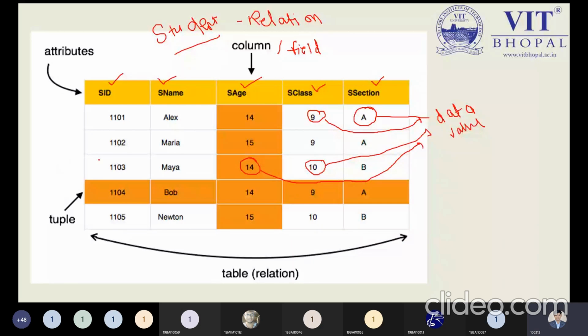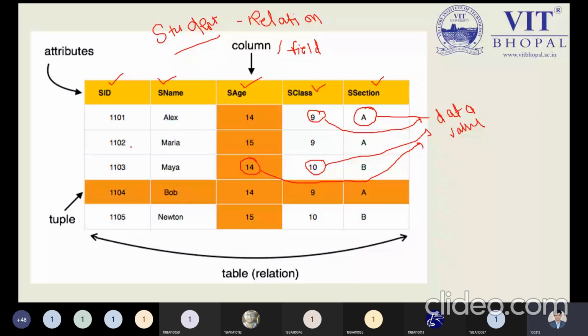Here we have this row, 1104, Bob, 14, 9, A. All these values are part of a record.